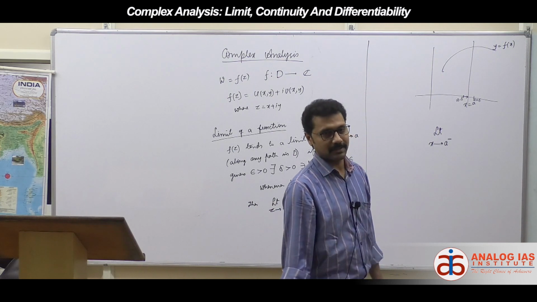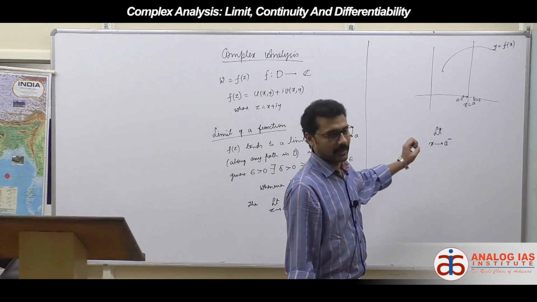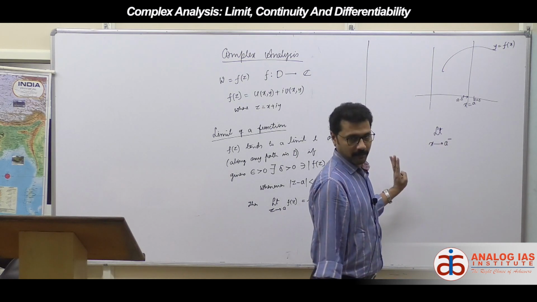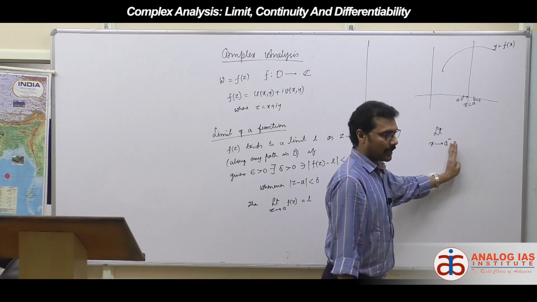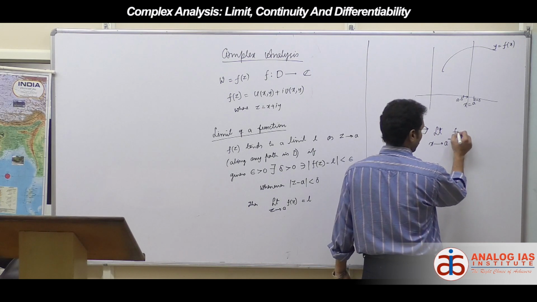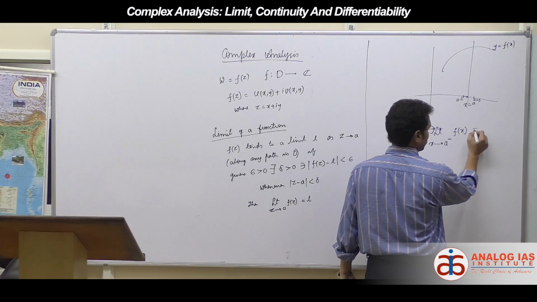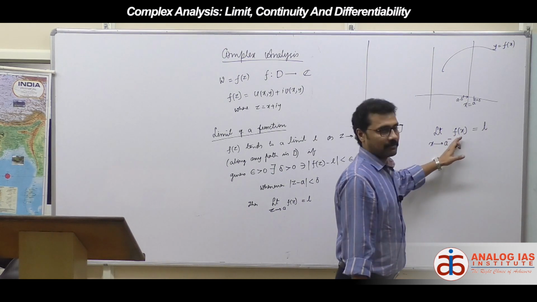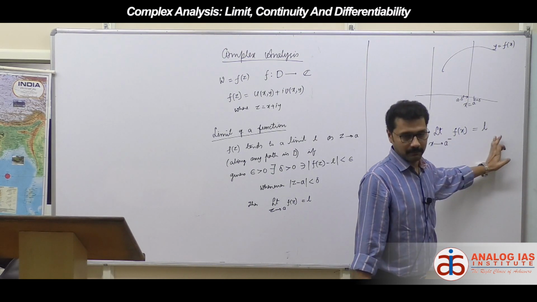It's a symbolic notation, it's not a power minus. A minus stands for from the left hand side of a. If I start approaching a, then what happens to the value of the function f of x? Suppose it is equal to L. Then we say that the left hand limit of the function is equal to L.